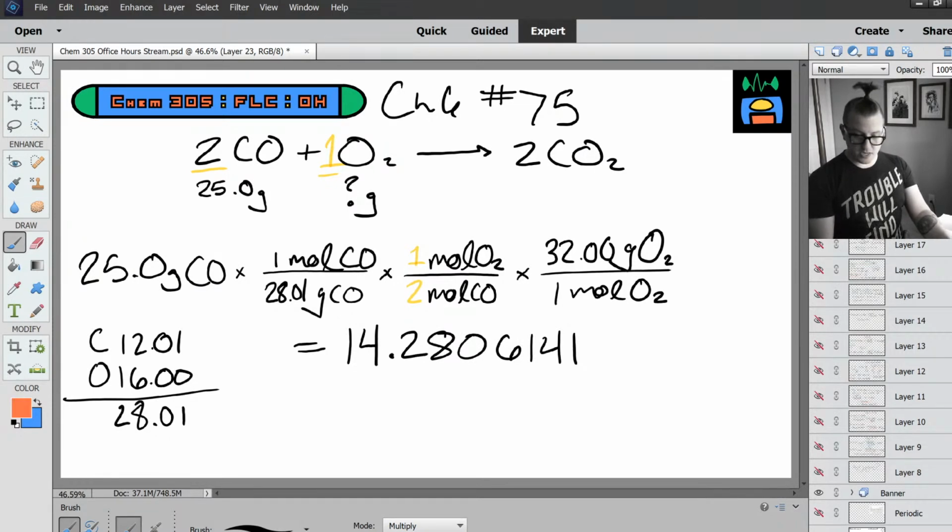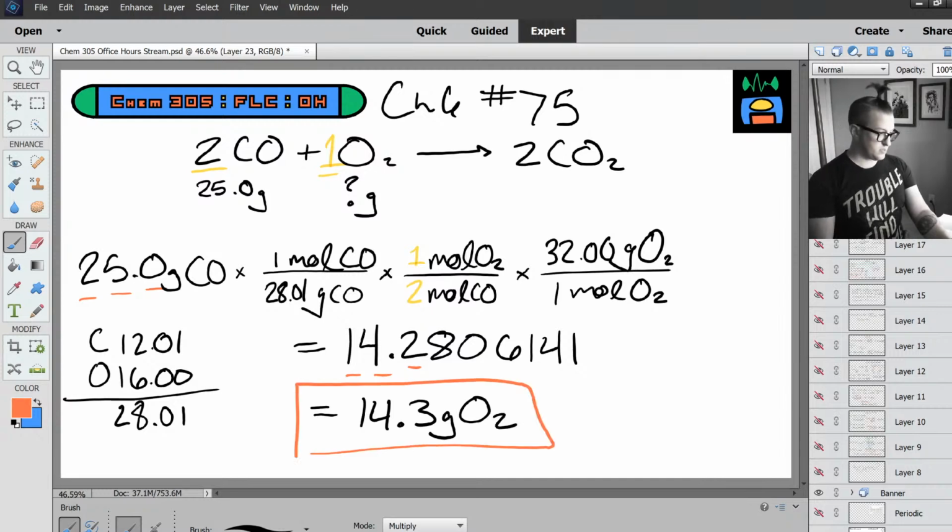Sig figs wise, we can only keep 3. So the correct answer with the correct number of sig figs will be 14.3 grams of O2. Okay, so that is number 75. Slowly working my way through.